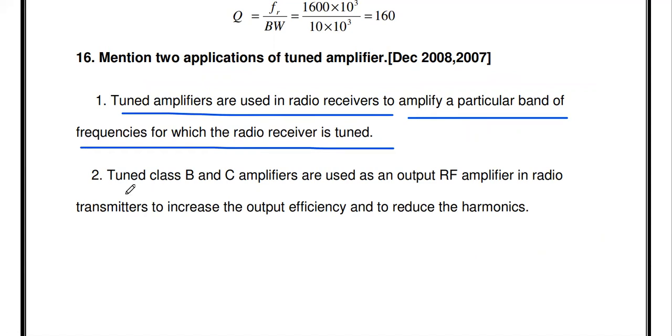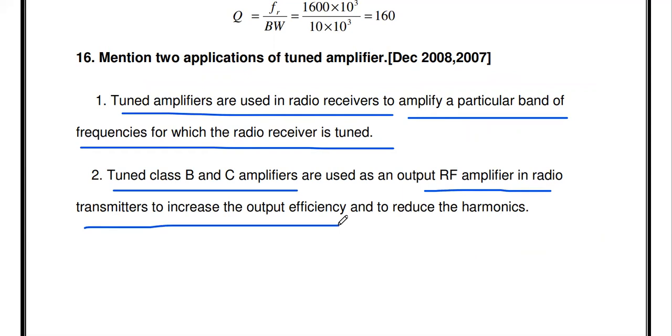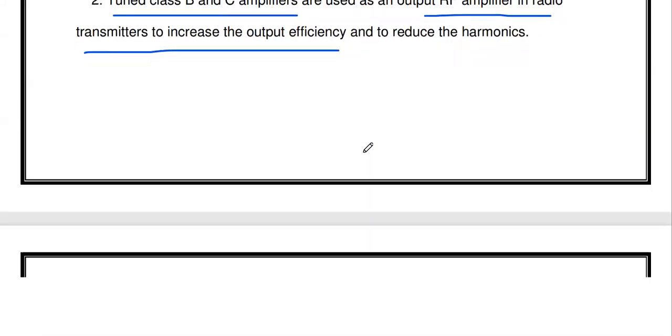Then tuned class B and class C amplifiers are used as output RF amplifiers in radio transmitters to increase the output efficiency. So it is used in radio receivers as well as radio transmitters.